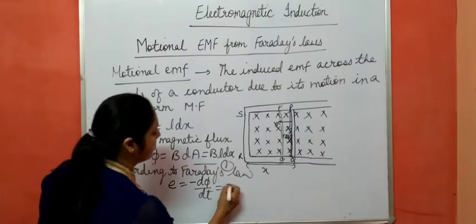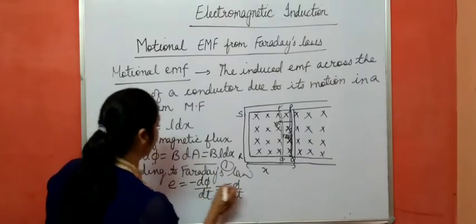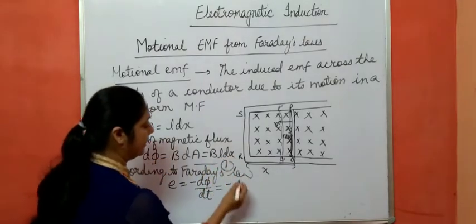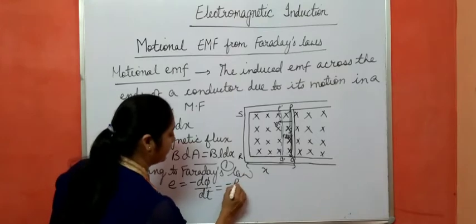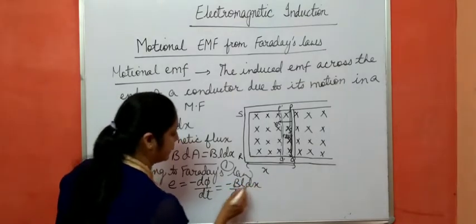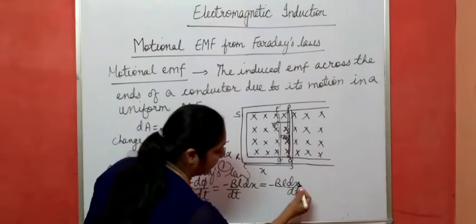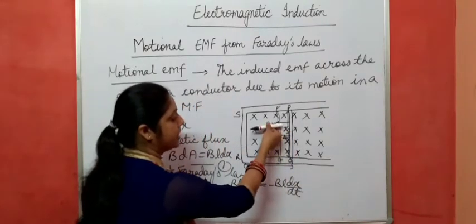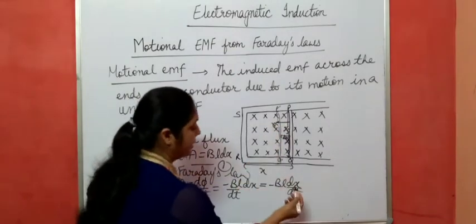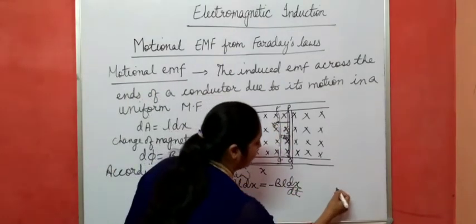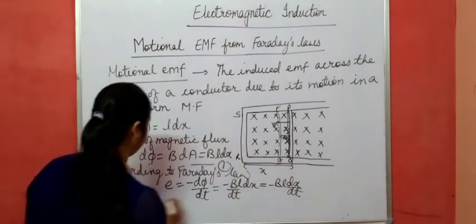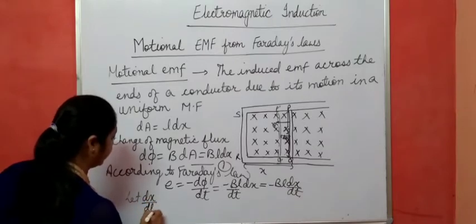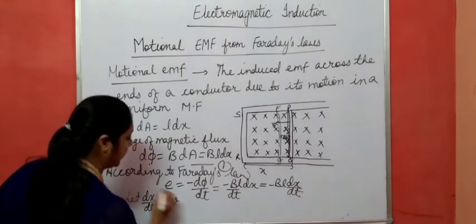So this becomes minus d by dt of the change in flux, d phi, which is B L dx. B and L are constant. What is dx by dt? Velocity, and the velocity is in the negative x direction, so dx by dt is minus v.